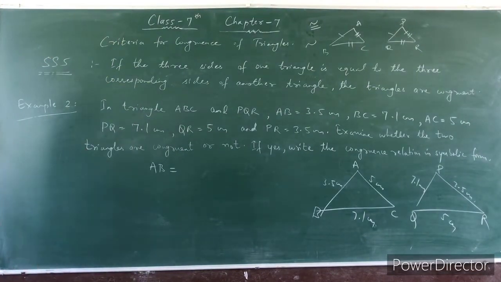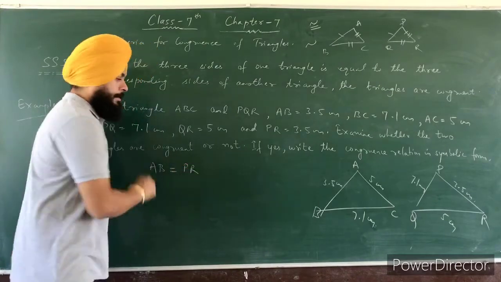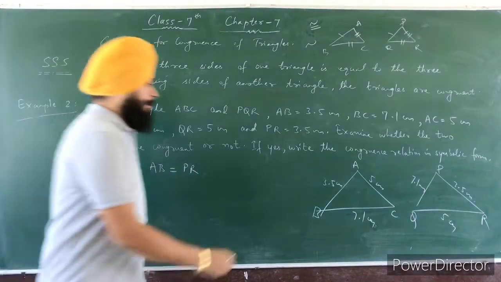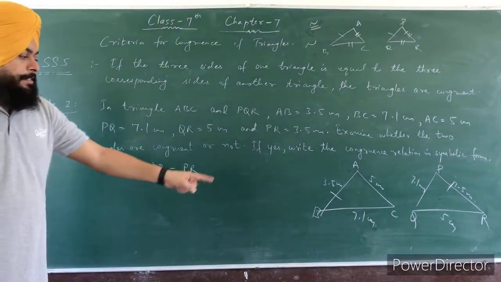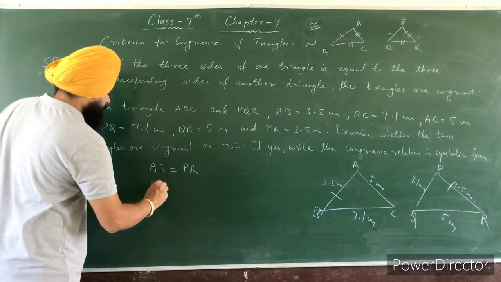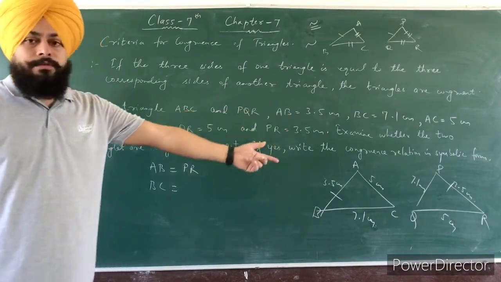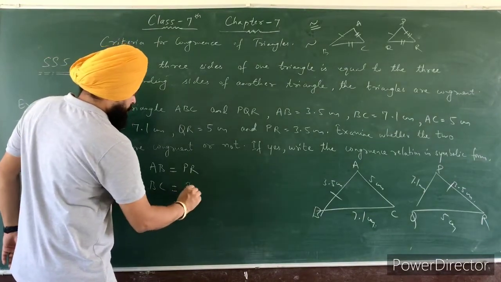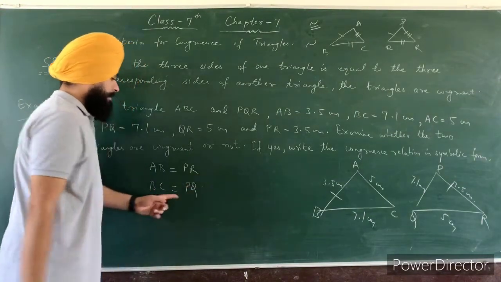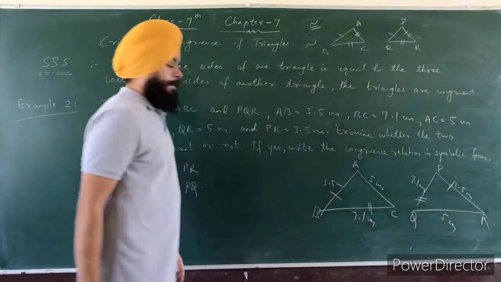So you can write here AB is equal to PR. Next, BC is of length 7.1, and in the other triangle the length of PQ is also 7.1. So BC is equal to PQ.